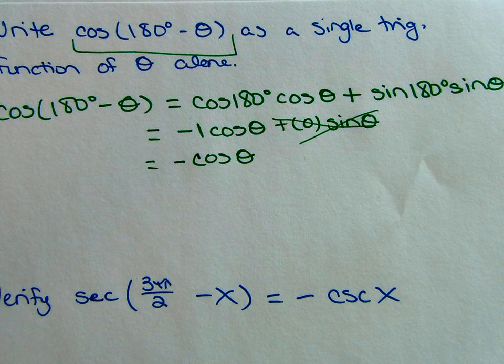And that's it. I got theta into a single trigonometric function. There's no adding, subtracting. There's nothing else involved. It went to a nice, cohesive, single function. All I had to do was expand it using my identity and then simplify using the fact of what cosine of 180 and sine of 180 is.